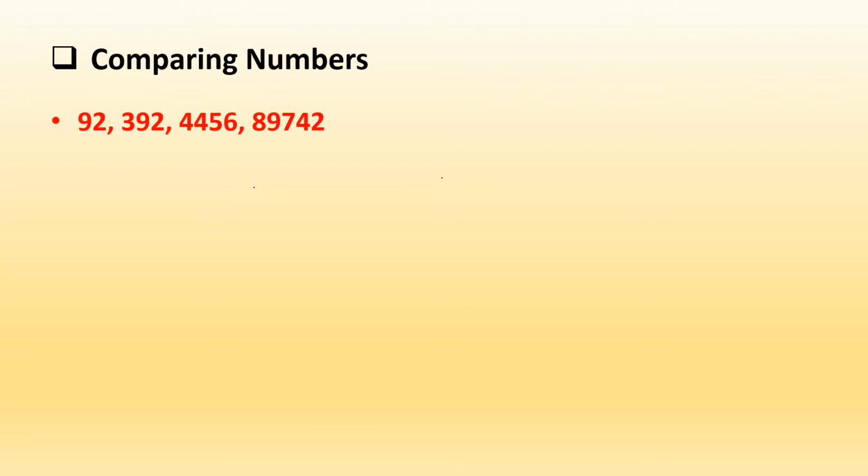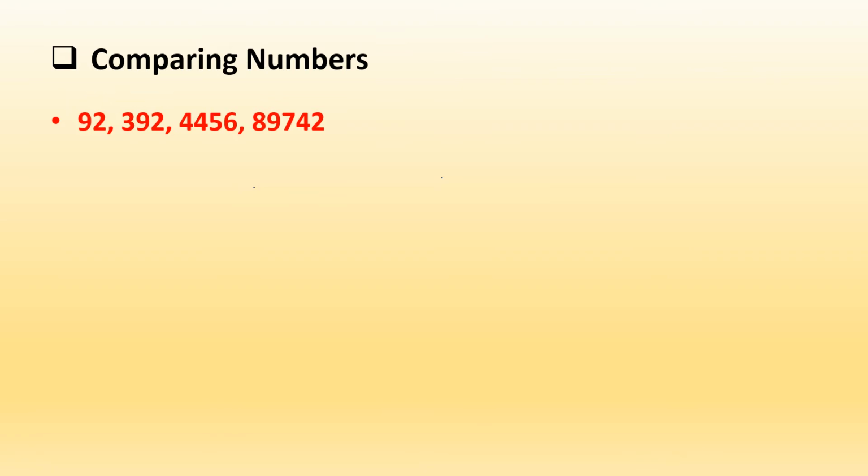They have given you these 4 numbers. What do you observe in these 4 numbers? Yes, the number of digits in each number is different. The first one is a 2-digit, the second is a 3-digit, the third is a 4-digit, and the fourth one is a 5-digit number, right?